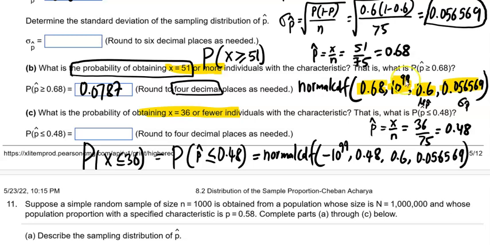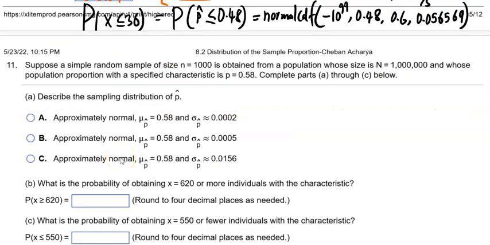Okay, so if you put these four numbers in the calculator as we did in the previous section, you get the probability of x less than or equal to 36, or the probability of p hat less than or equal to 0.48, and the value here, again rounded to 4 decimal places, is 0.0169.